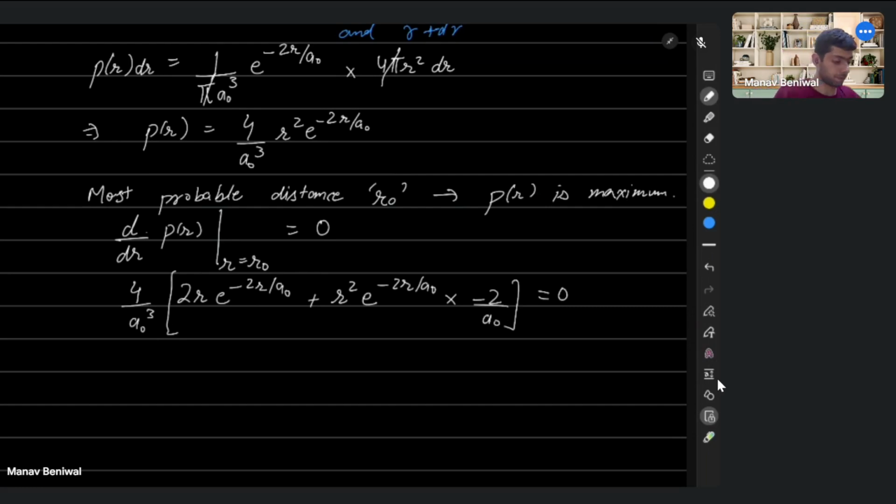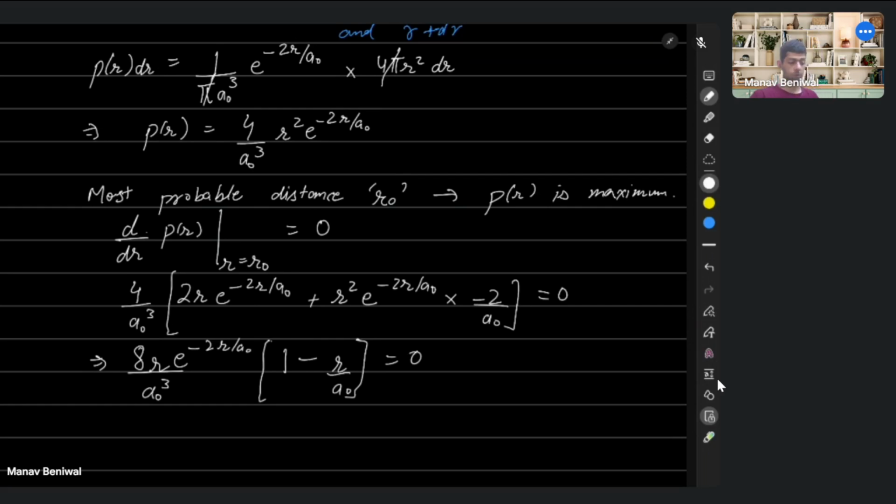So this is 0, and this basically implies if we take this factor of 2r outside, it will become 8r over a naught cube, and inside, okay, we can also take the exponential function outside like this, and inside we will have 1 minus r over a naught is equals to 0. So this is 0. Okay.